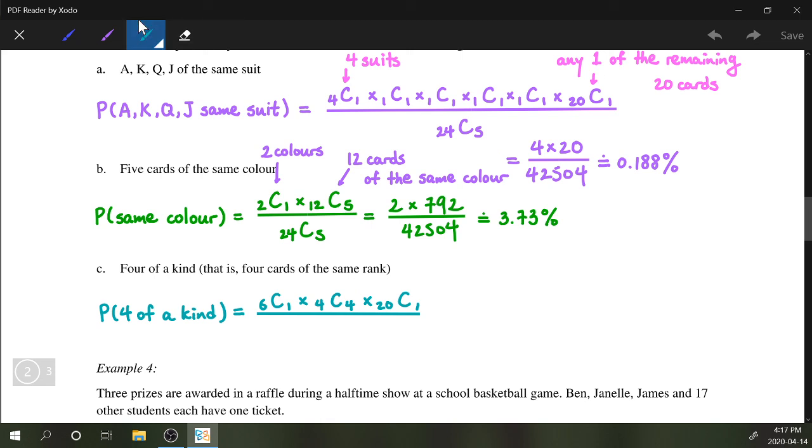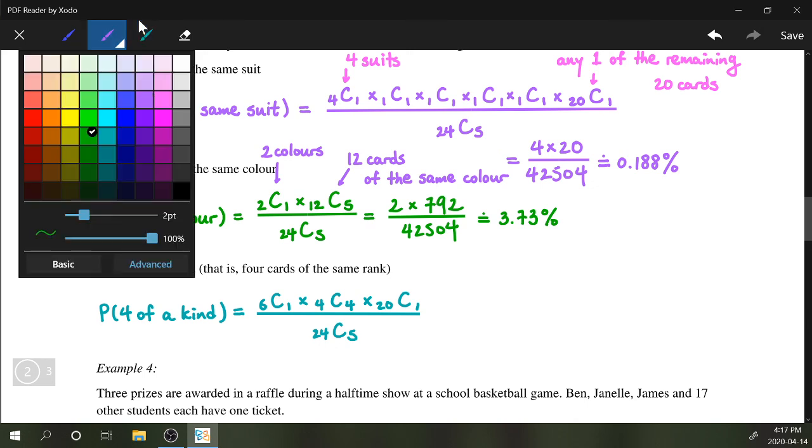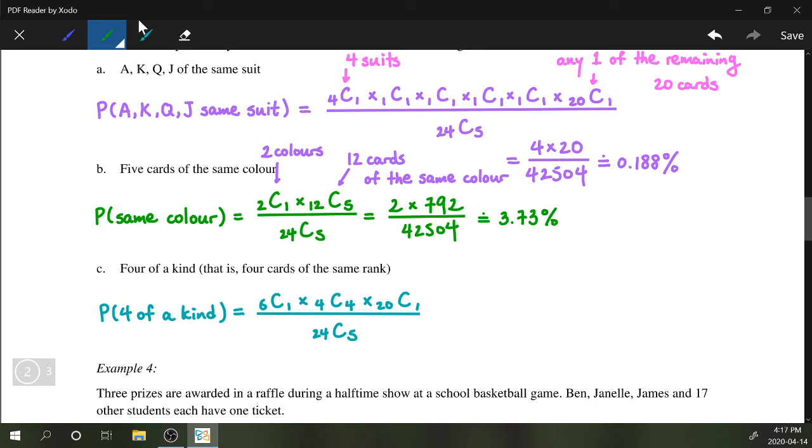So there's a nice pattern to these questions because you're always dividing by the same denominator. So again, if I were to go ahead and label this, this would be 6 ranks, all 4 cards. And then this is any remaining card.